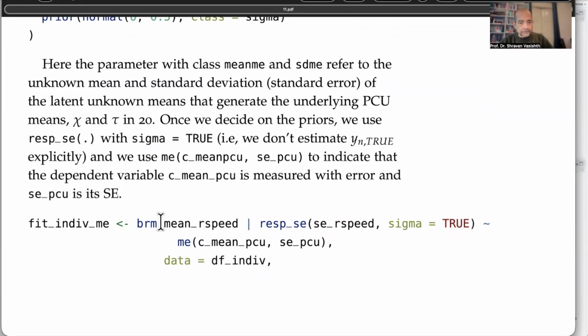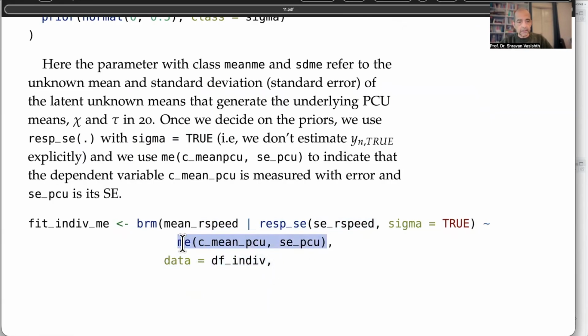Okay, so what we are doing is we are modeling the mean reading speed as a function of the mean PCU, each of which is measured with the standard error. So this is the same syntax as in the meta-analysis. This part is the same as in the meta-analysis. This is new. This is for the predictor only.